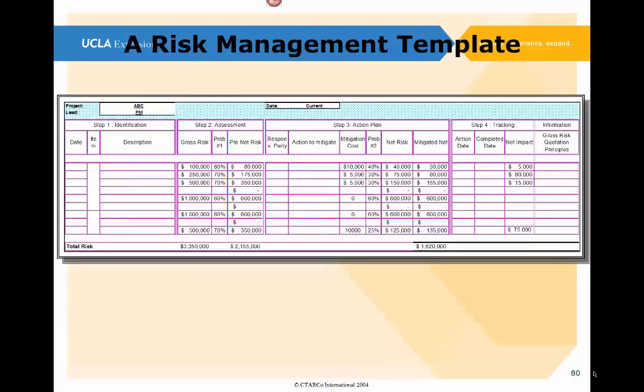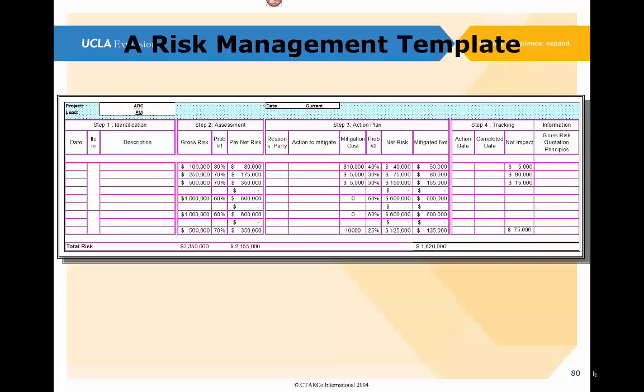Okay, so let's start talking about these risk management templates again. This is a very simple, straightforward risk management template that has been used by a number of projects. One of the things I really like about it is if you go across the top, it's broken up into about 5 sections, 4 steps, and then an information section. The first one is identification. What's the risk identification?